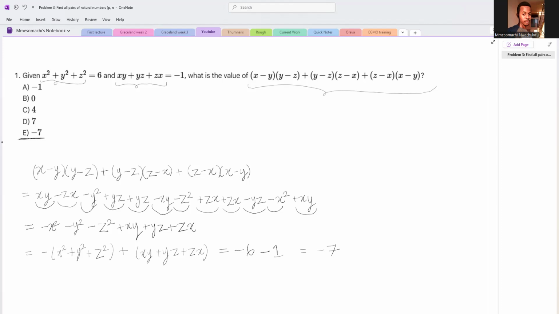So this was a pretty easy problem, but a mistake that some people might make is to try to solve for the values of x, y, and z, maybe trying to solve a system of equations like this.